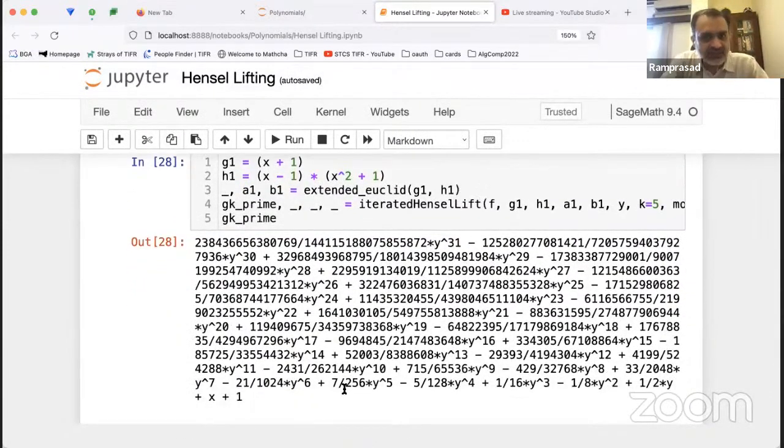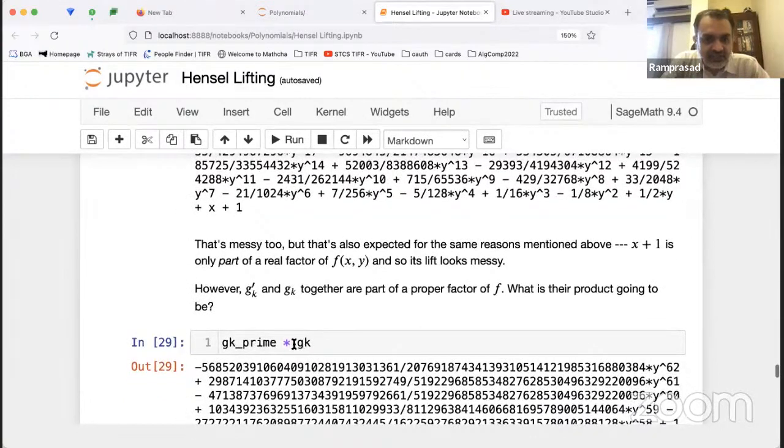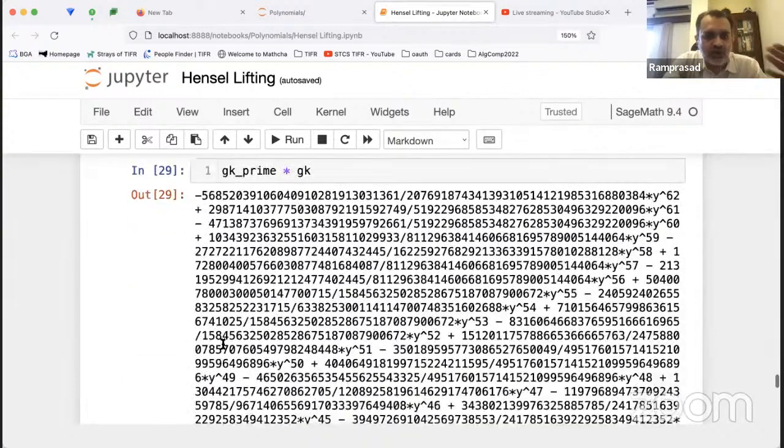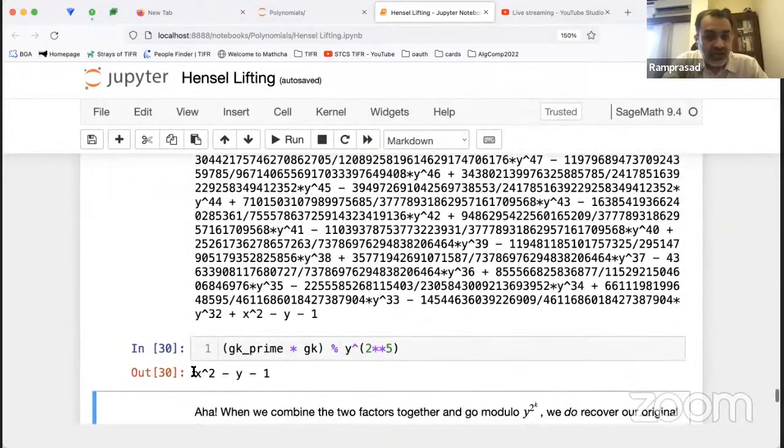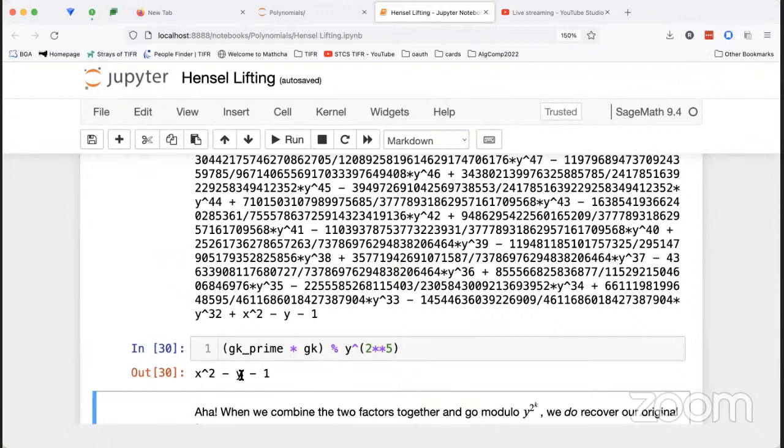There are terms in y that have degree up to y power 31 and whatnot. But somehow miraculously, if I multiply it with a suitable, I don't know, its sibling or something, and go mod y power 32, I end up with an actual factor for f.